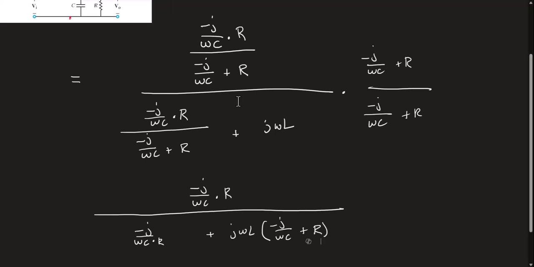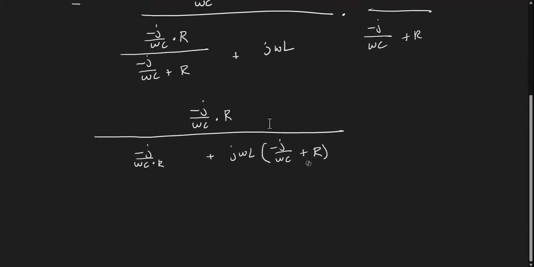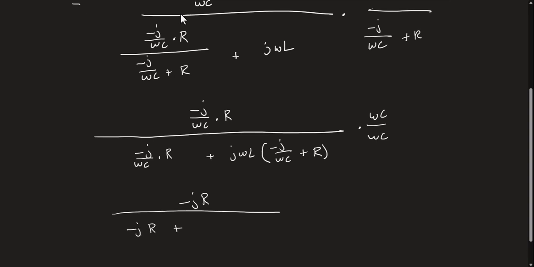Okay, so now we can multiply everything by omega C, so omega C over omega C. In the numerator, we get minus jR. Nope, I don't want to do that.